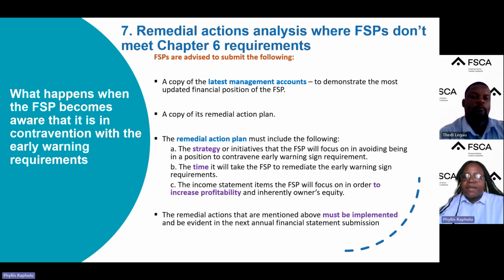The time that it will take the FSP to remediate the early warning sign requirement, and then the income statement items that the FSP will focus on in order to increase profitability and inherently owner's equity. And then the remedial action that we mentioned above must be implemented, and it must be evident in the next annual financial statement submission.